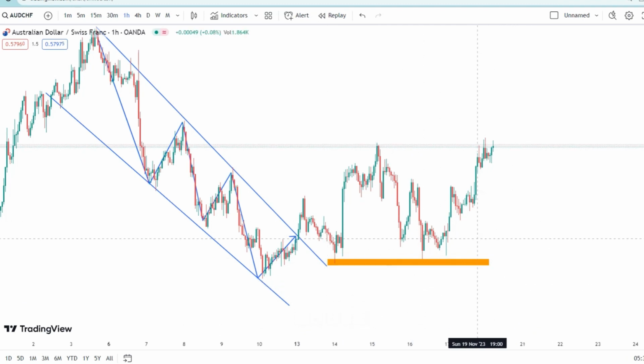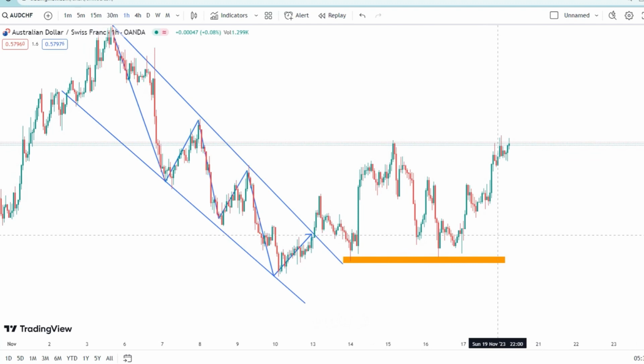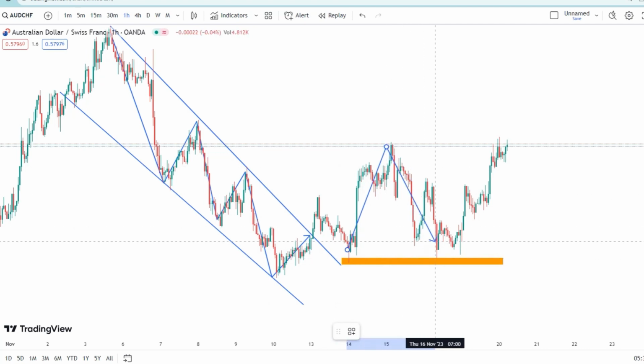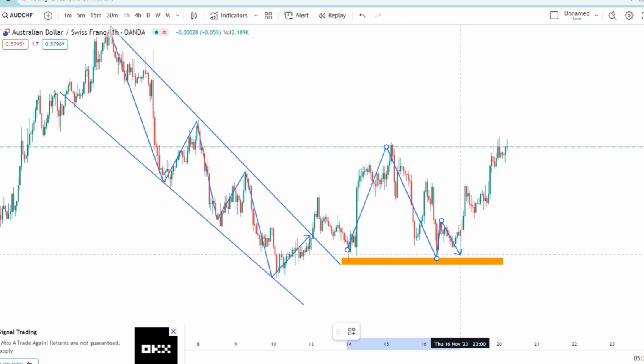Then the market started giving us some highs and came back here. Once the market came back, it gave us a retest right here. After the retest, the market shot up to this point. This was our first take profit.